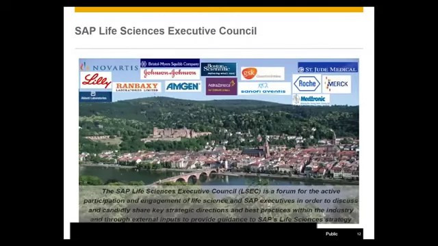We call it the LSEC. I think most of you are aware of it. This is a forum for the active participation and engagement of life science and SAP executives to discuss and candidly share the key strategic direction and best practices within the industry, and through external inputs to provide guidance to SAP's life science, all statutory bodies are typically taken care of here.